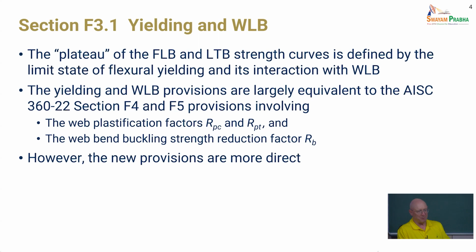Those have disappeared. But the expressions are still the same, they're just written more directly without those factors. And there still is what's called a bend buckling strength reduction factor if you have a slender web. That was called RPG in the current specifications, and we've modified that to RB for bend buckling in this specification.